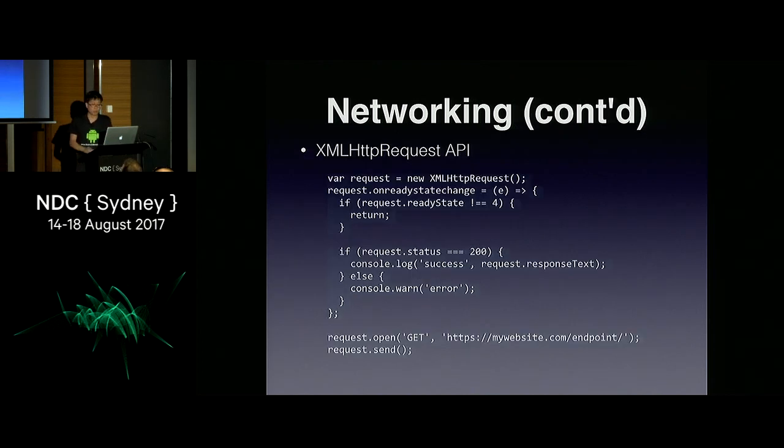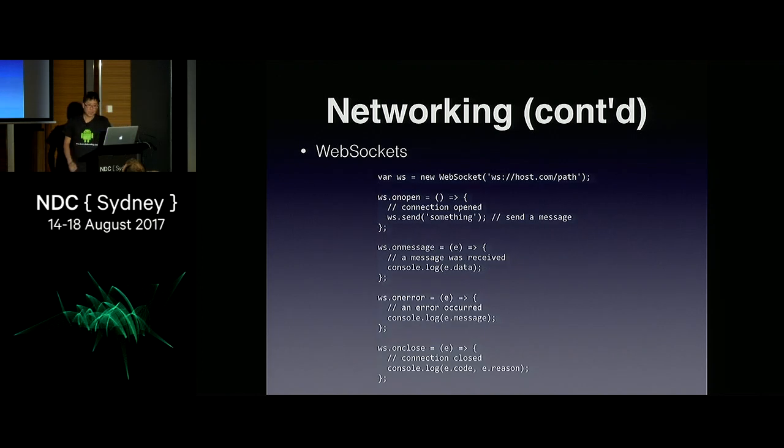Or for those of you who like to use XML HTTP requests, it is also available in React Native. And WebSockets is also supported. And there are also third-party modules like Socket.io. I'm sure you have heard of Socket.io, that allows you to connect to your backend using sockets.